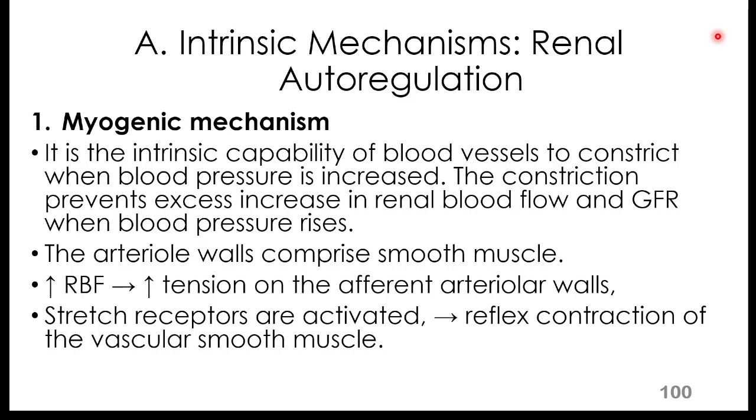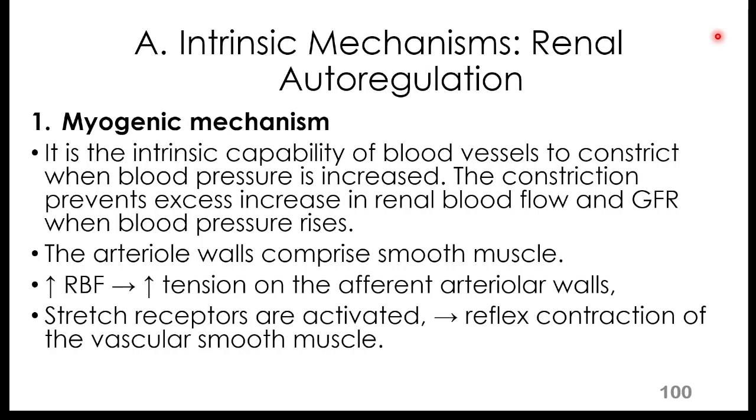Now, how does this happen? We know that the walls of arteries in the body have smooth muscle within them, right? When there is increased renal blood flow, this leads to increased tension on the walls of the arterioles. There are stretch receptors within the walls of the arterioles. Stretch receptors are mechanoreceptors. When they are stimulated by the increased tension, they cause reflex contraction of the vascular smooth muscle, thereby causing vasoconstriction.